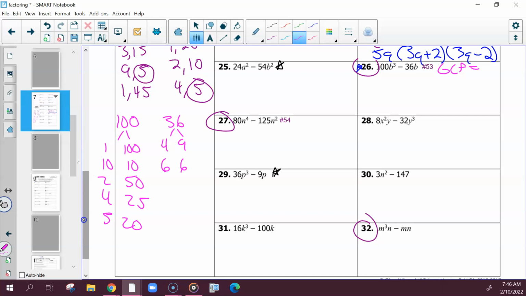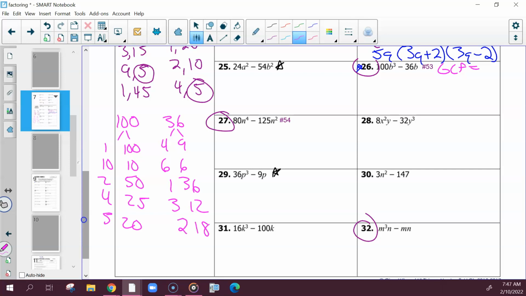There's 3 others. 36. 1 and 36. 4 times 4. Not 4, but 3. One more. 2 and 18.